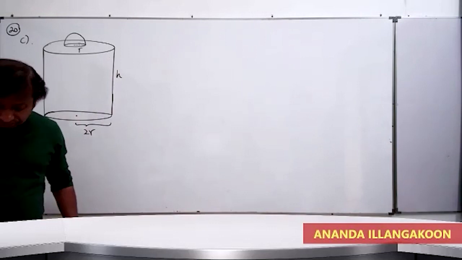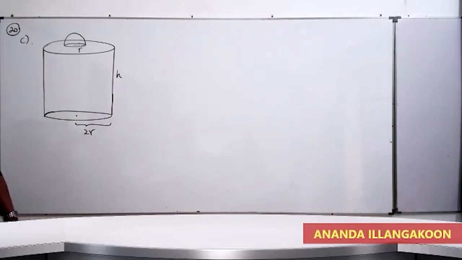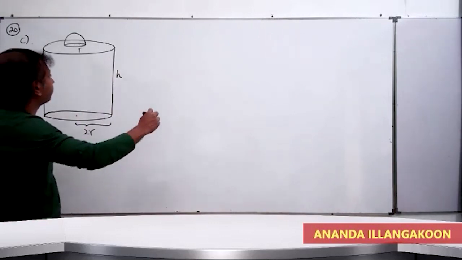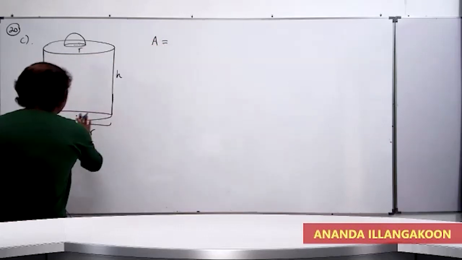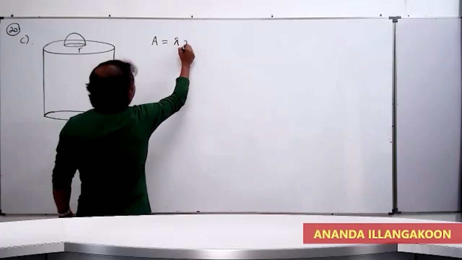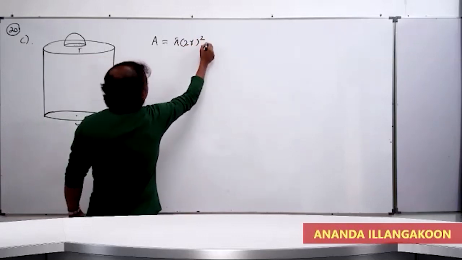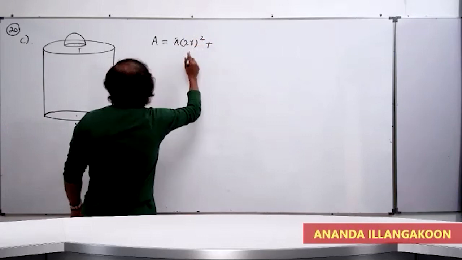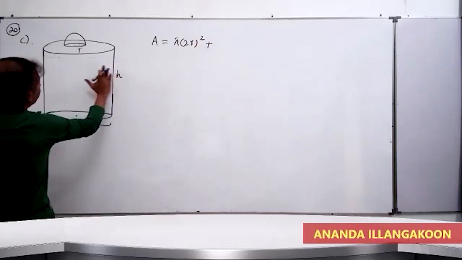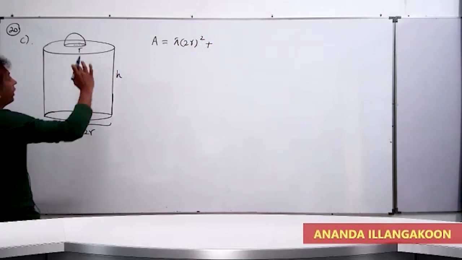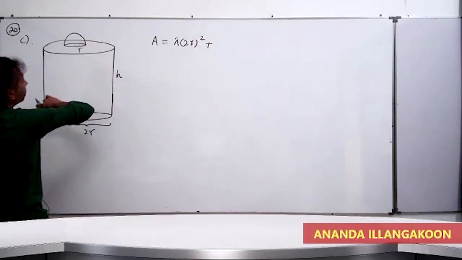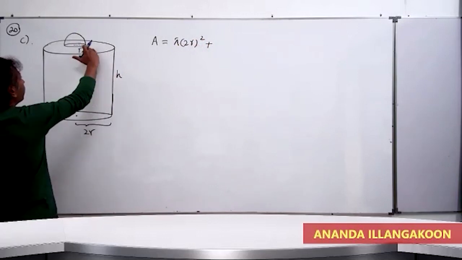Right. So then what is the surface area? If the area of the cascade is A. People, how to write the area? This bottom, what is that? Pi radius squared. Shall I take this also? Bottom is this, top is this.